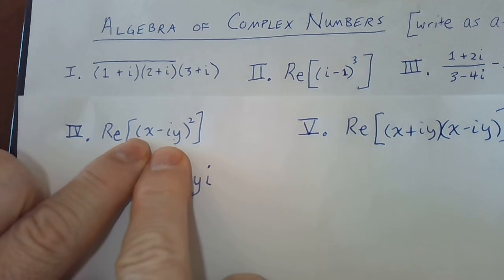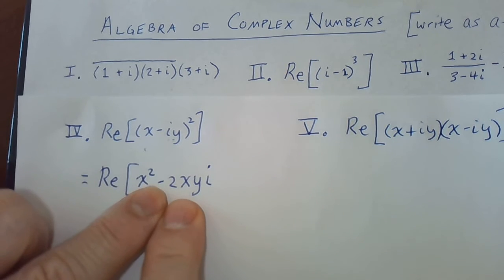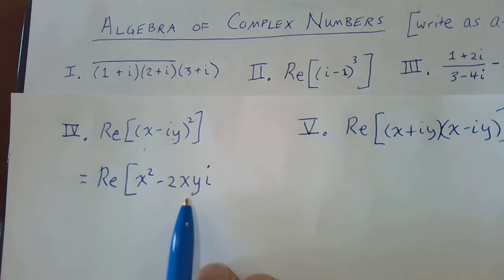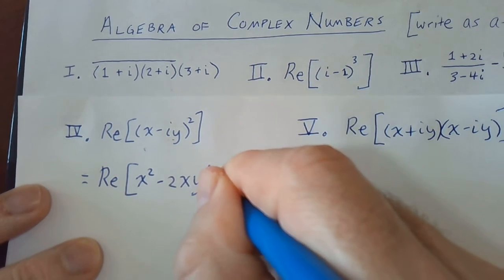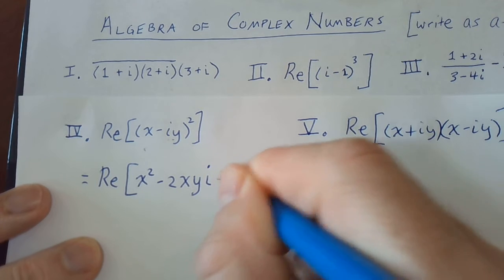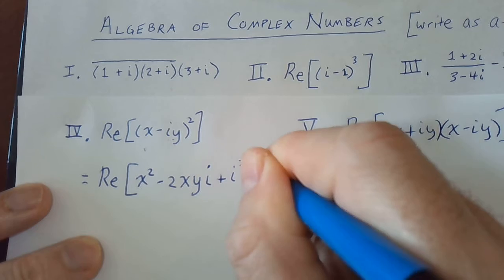If you multiply that together, you get negative ixy, and two of them would give you negative 2xyi. That's the outer and inner added together. And then we have plus iy quantity squared, which is i squared y squared.